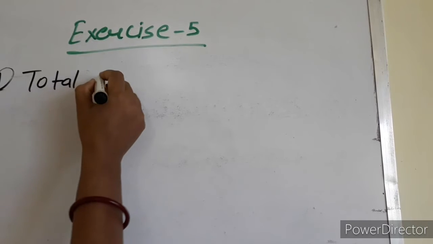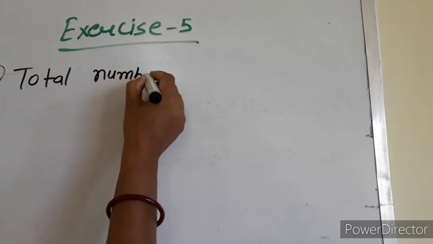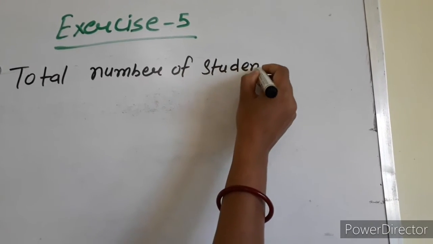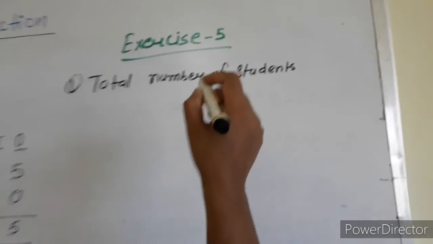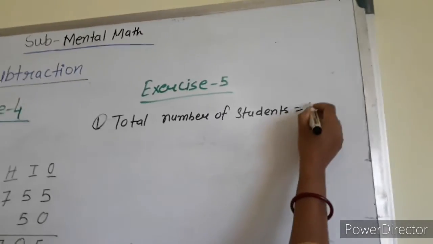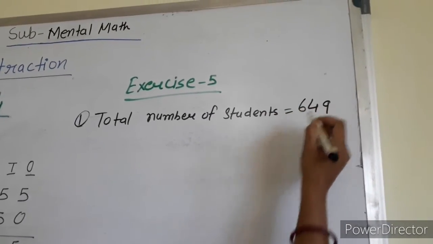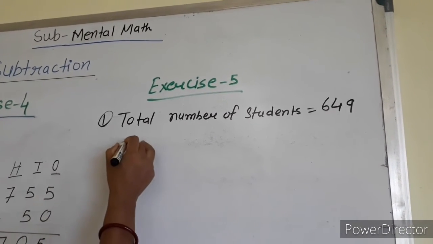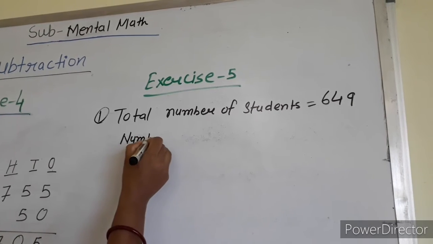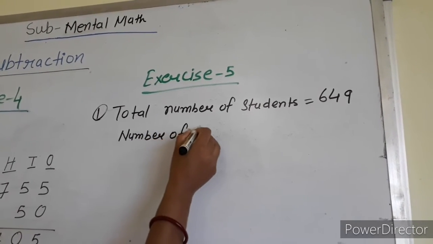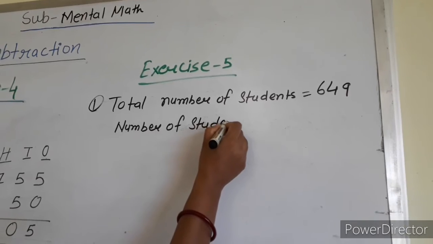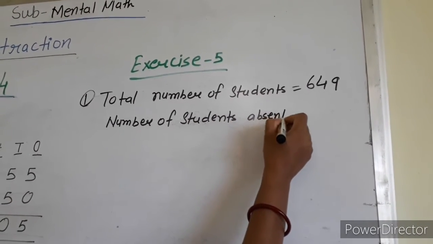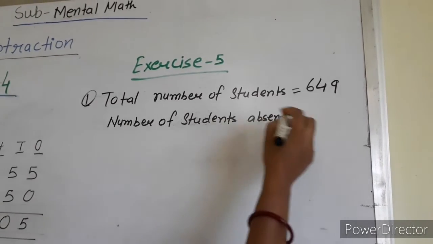Total number of students equal to 649. Number of students absent: how many students are absent? That is 125.